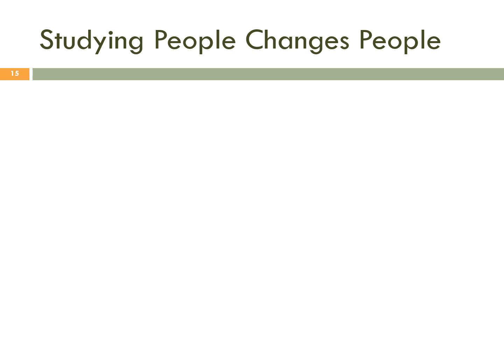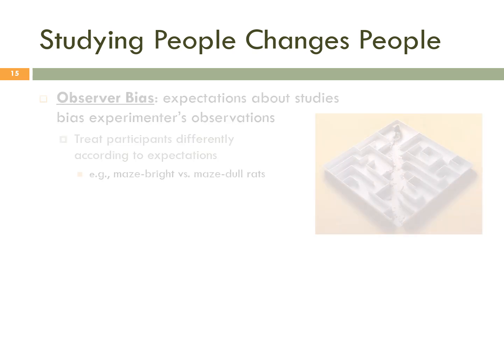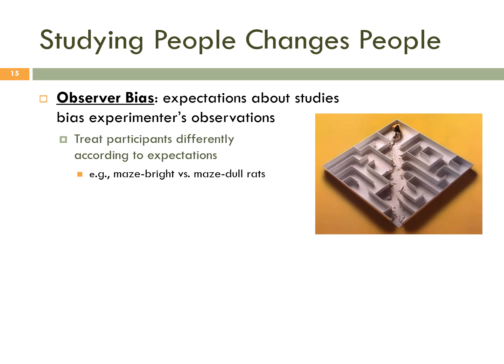Of course, all of the weight shouldn't just be on the individual participant when it comes to studying people. As we talked about in our discussion of observation and issues in observation, there could be observer bias as well. This is when the researcher themselves has expectations about the outcome. They have their own hypotheses. And so how they observe and how they measure the dependent variable might change.